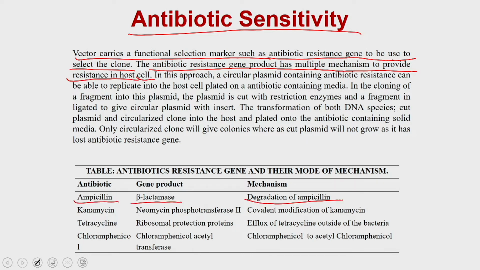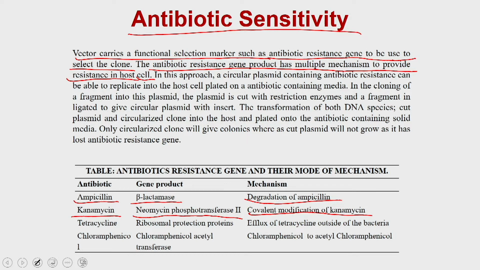You can see you have the kanamycin. The kanamycin resistance gene is going to produce a protein called neomycin phosphotransferase 2, which makes covalent modifications of kanamycin, which means it is going to phosphorylate the kanamycin.